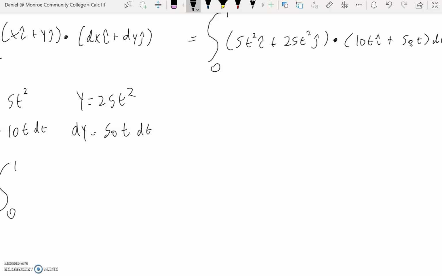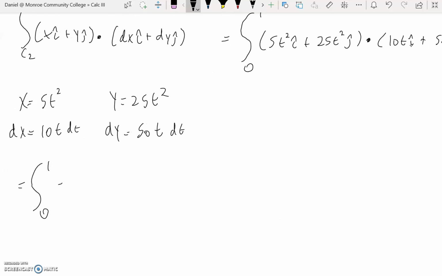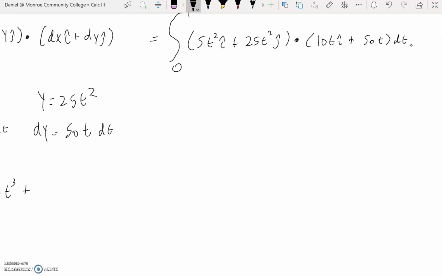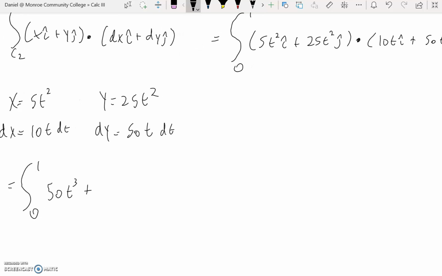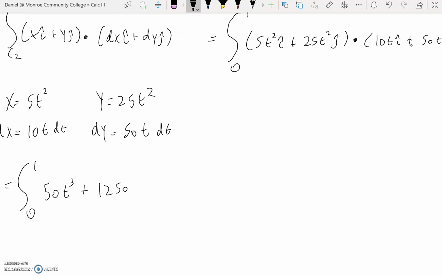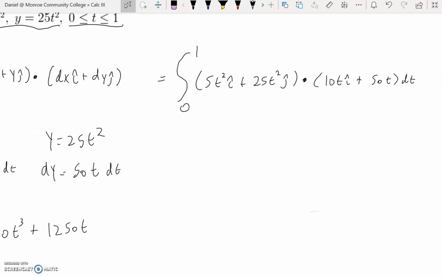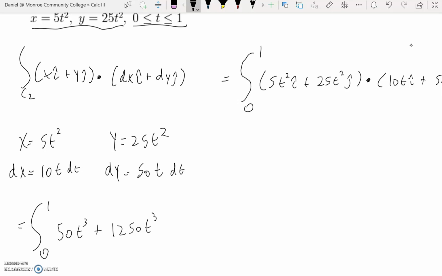We get 5t squared times 10t, so we get 50t to the third. And 25t squared times 50t is 1250t cubed, and dt.